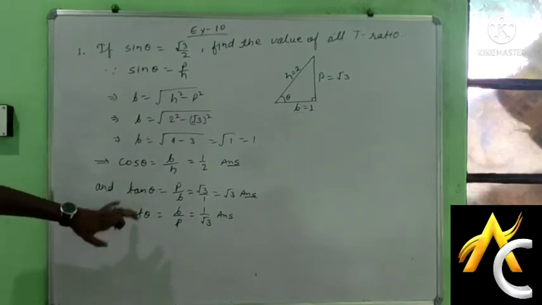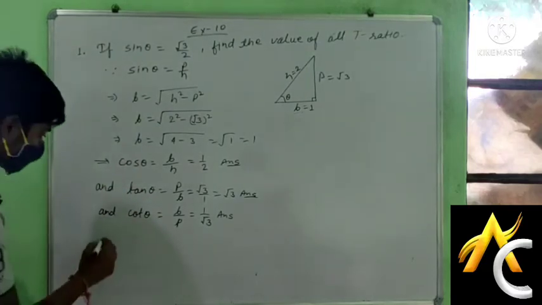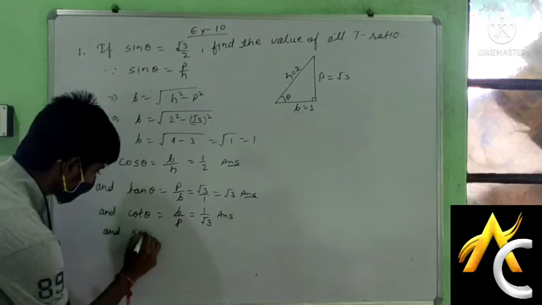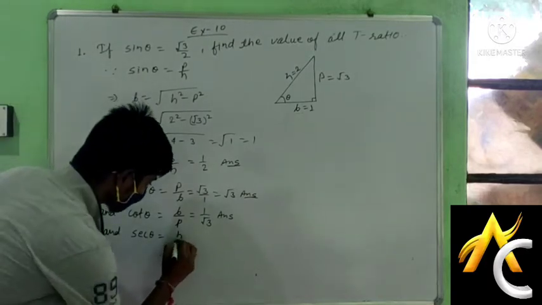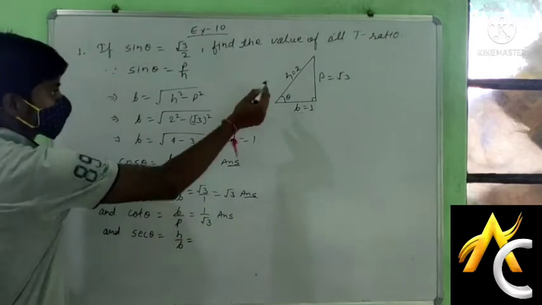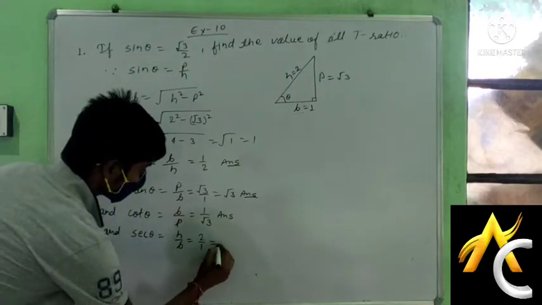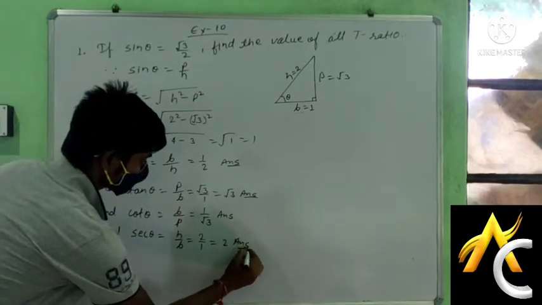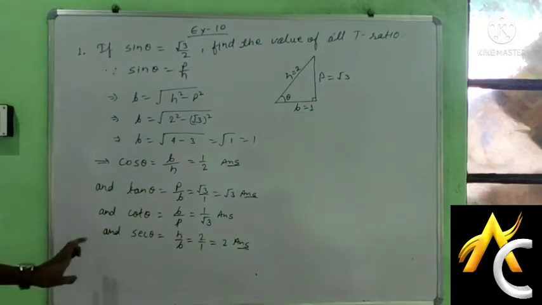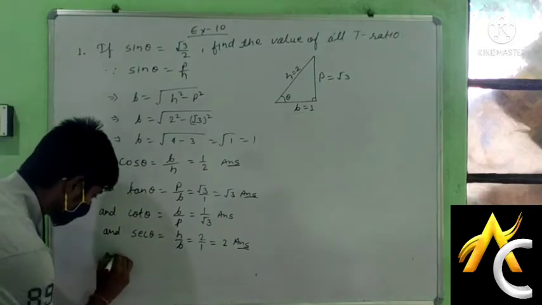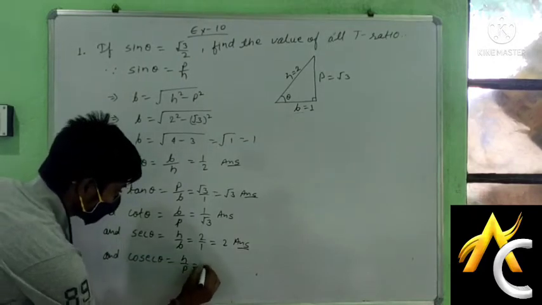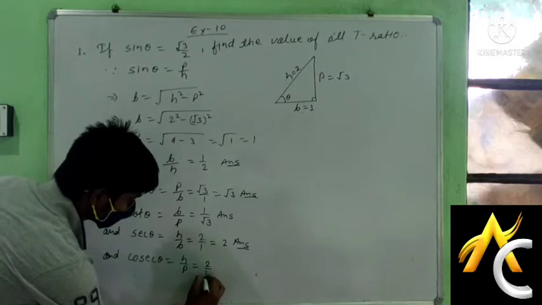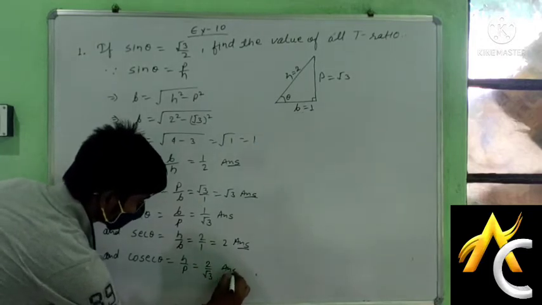And again sec theta, sec theta is equal to H by B, and value of H is 2, so it will be 2 by 1, that is 2. This is your answer. Last one is cosec theta. Cosec theta is equal to H by P is equal to 2 by root 3 is your answer.